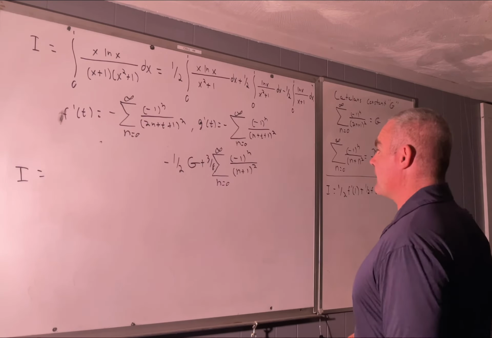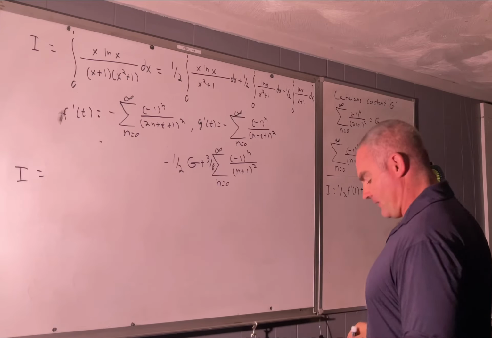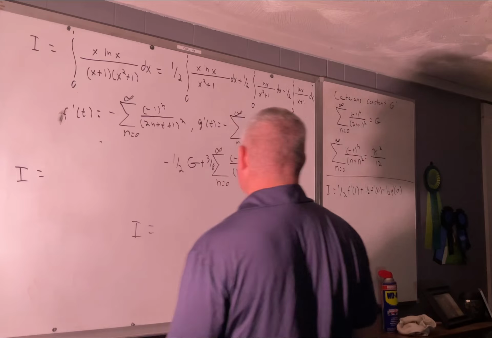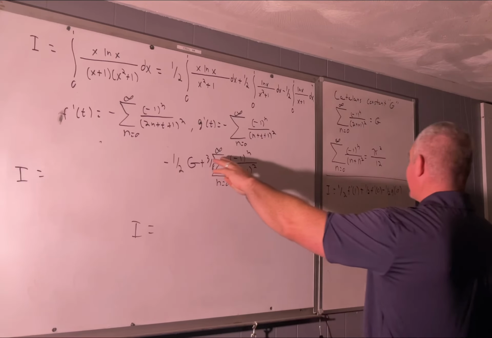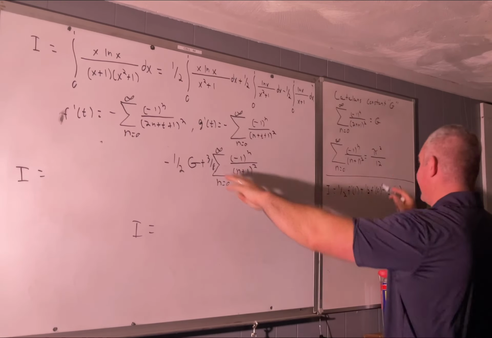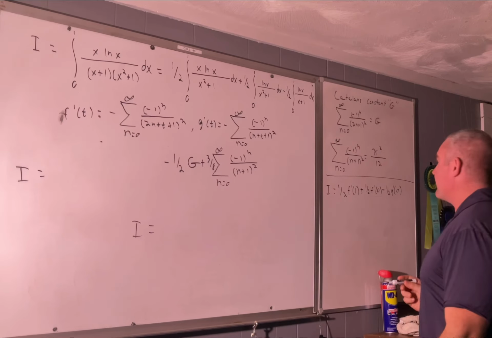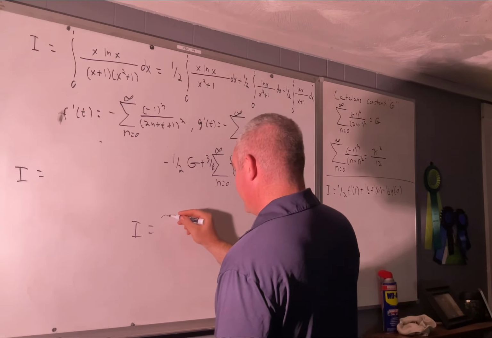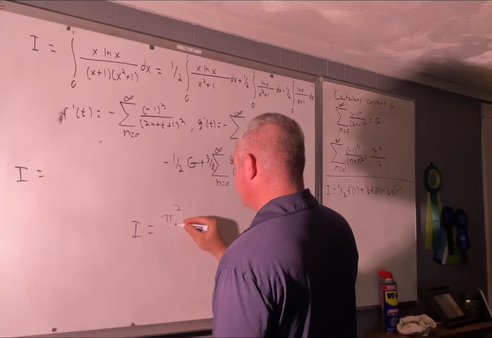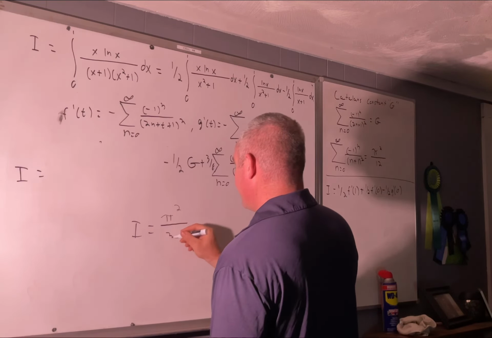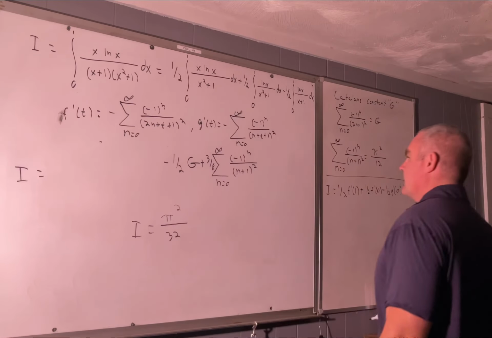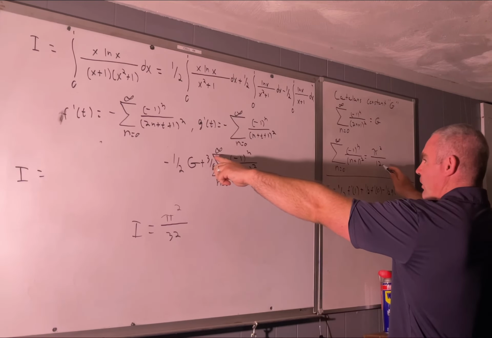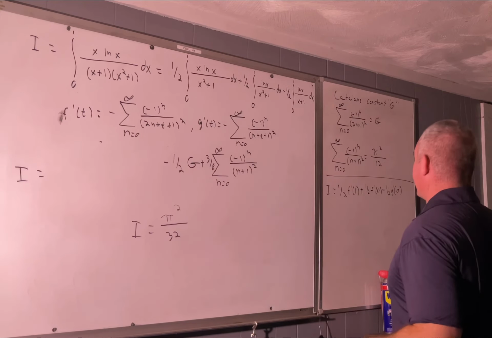So there we are. Let's just finish this up really quick. We can say that I is going to be equal to 3/8 times this thing, which we know is pi squared over 12. So that's going to give us pi squared over 32, because that 3 will reduce to a 1, reducing this to a 4, and then we'll just have 1 over 4 times 8, which is 32.